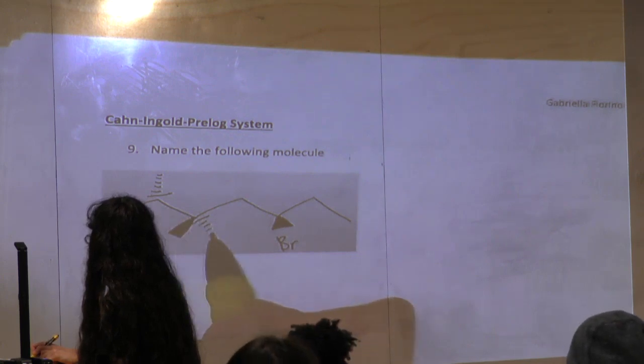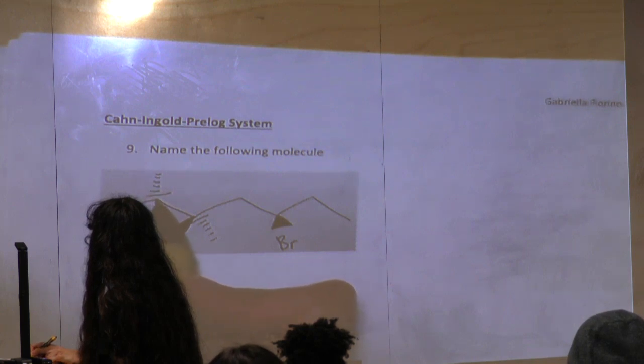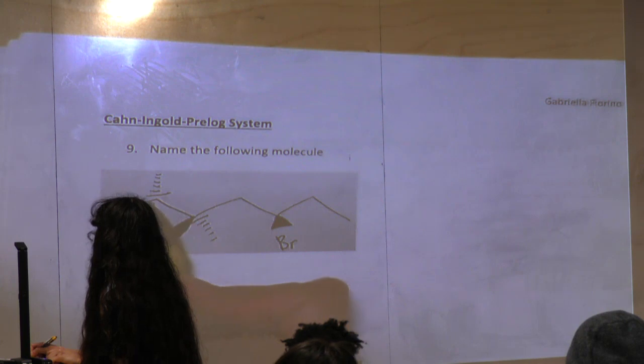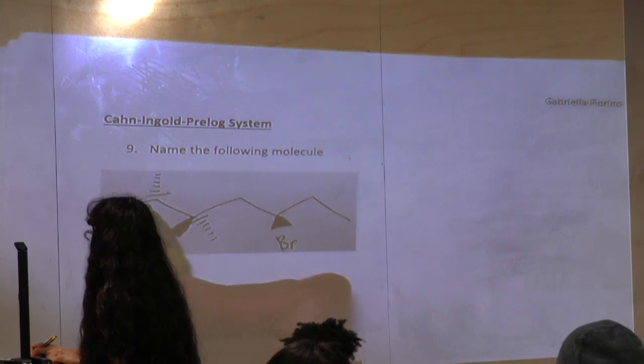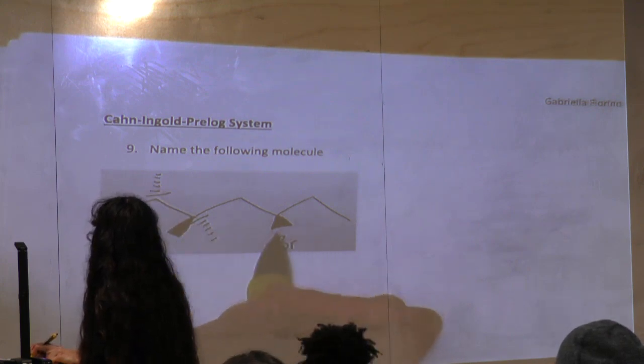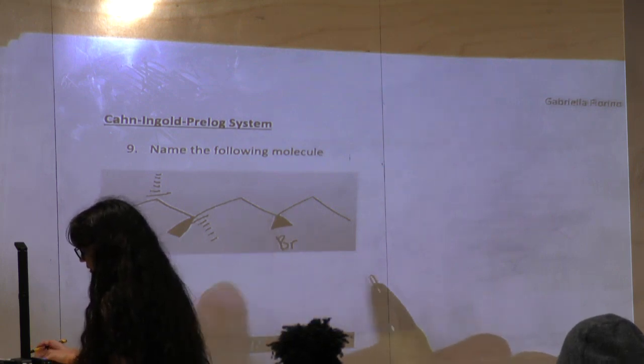However, we have 2 methyls, so it's not 4 different groups attached to one carbon. Likewise, over here, we have a bunch of stuff, we have a methyl, and we have a hydrogen. Because we have 2 methyls hooked onto this one carbon, it's not going to be chiral. So we don't name R and S, even though we have dash and wedge. The only chiral center is this one right here, and we're going to assign configuration to that one.